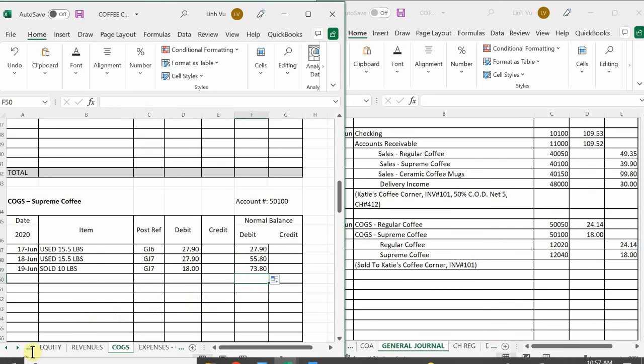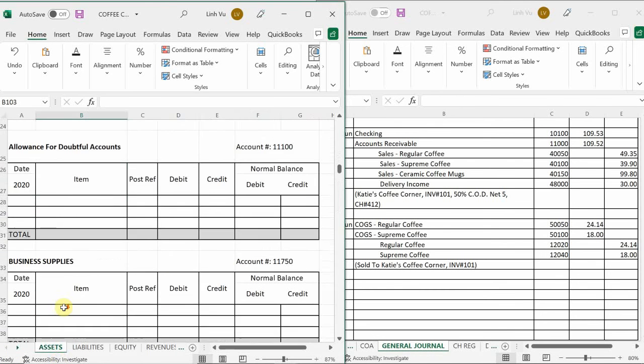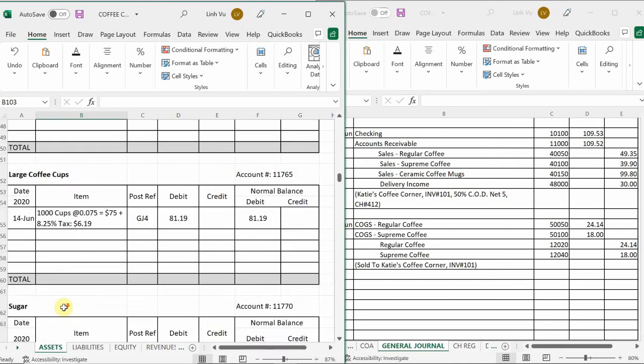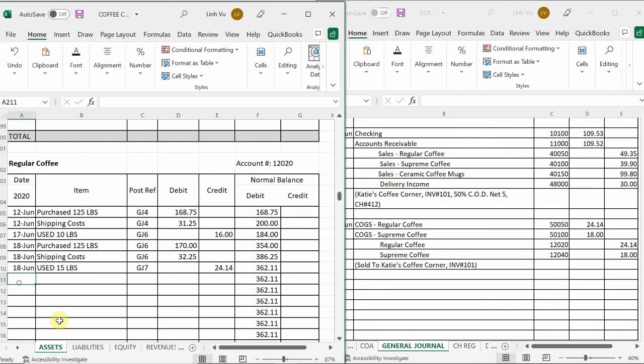Okay, good. So now I need to update my regular coffee and Supreme coffee accounts. Okay, here's my regular coffee. I sold 15 pounds of my regular coffee for $24.14.